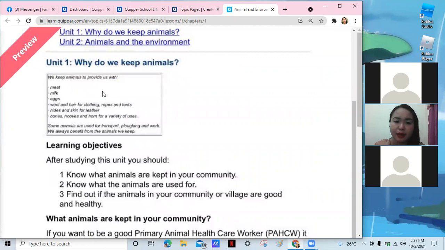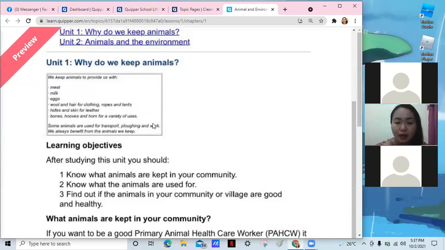We keep animals to provide us with, of course, the food we need. That includes meat, milk, eggs, and even sheep wool and hair for clothing, ropes, and tents. So all of that comes from animals. And hides and skin for leather, if you like leather. Bones, hooves, and horn for a variety of uses.